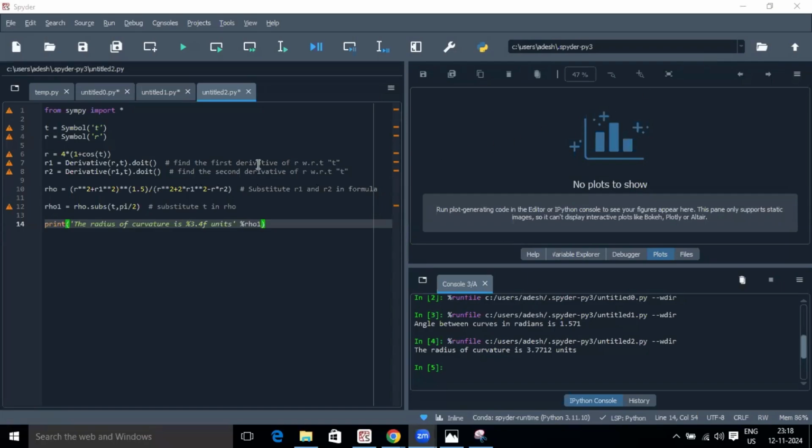Once you execute this program, you will get the output: the radius of curvature is 3.7712 units. This is the calculated radius of curvature for the given polar curve, that is r equals 4 of 1 plus cos of t, at the point t equals pi by 2.